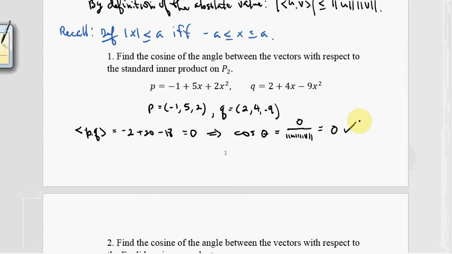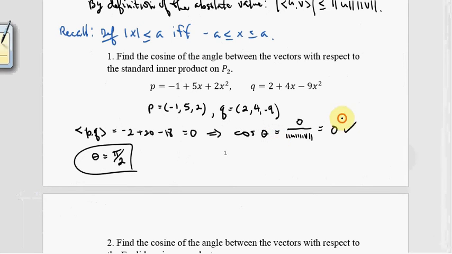So we just get 0. They don't ask for the angle, they just ask for the cosine. And that's how the questions are posed in the textbook, and also in Wiley Plus.